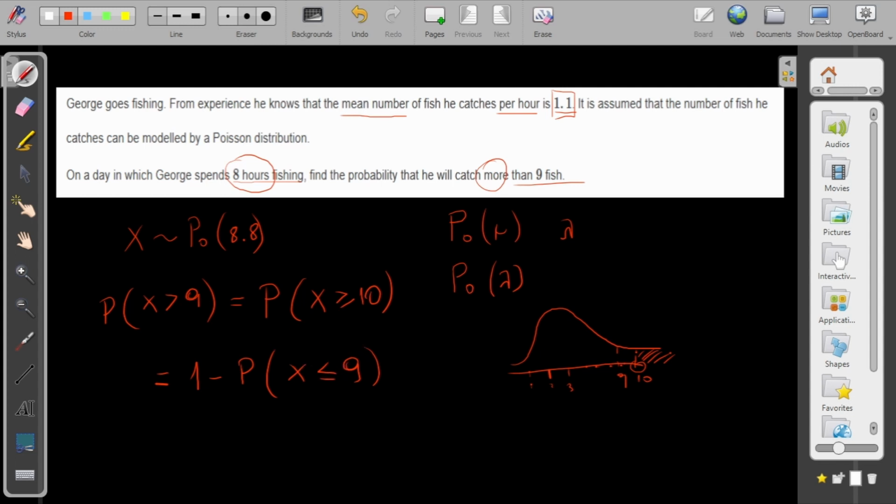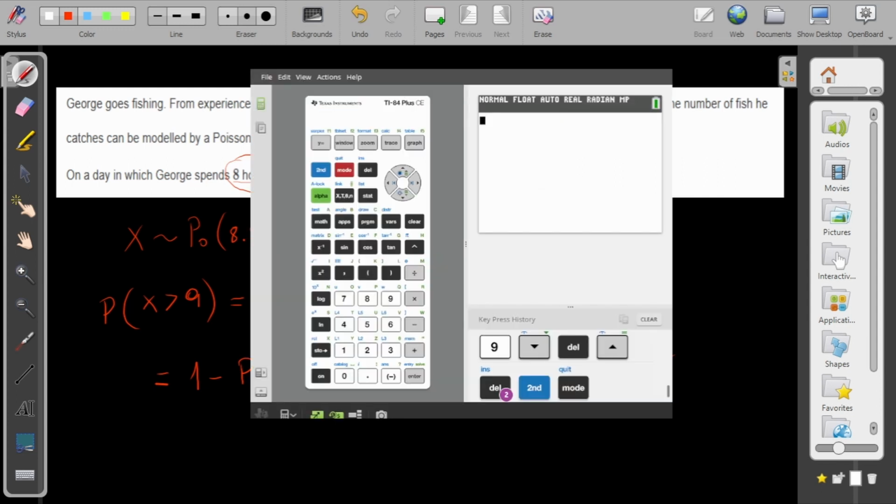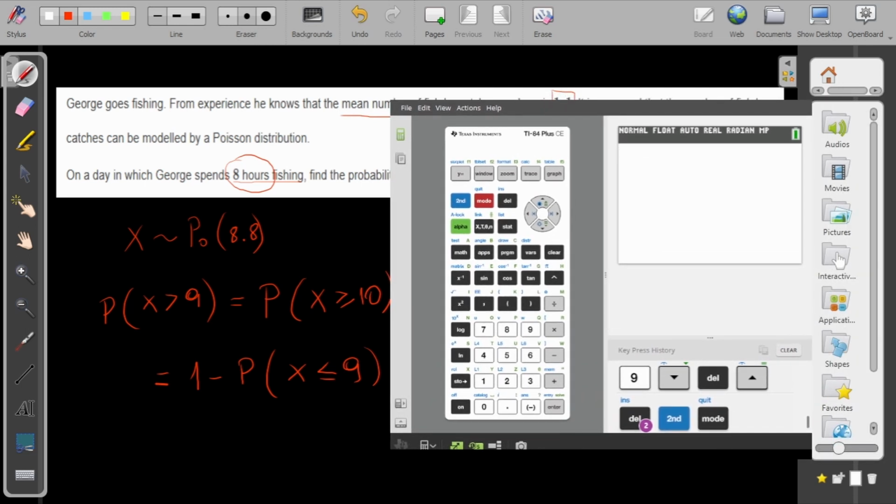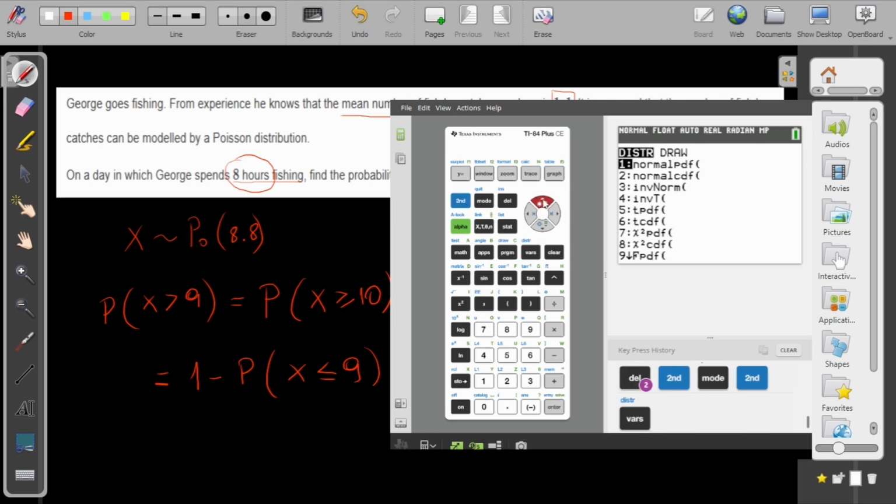Now I will bring my calculator here. I have my mean, so now I will calculate my probability. I will press second distribution and go to Poisson cumulative frequency.